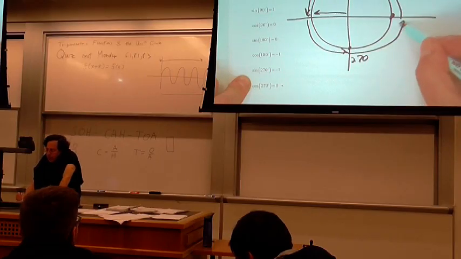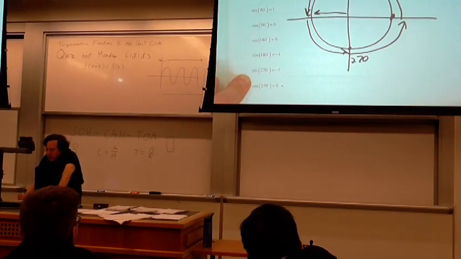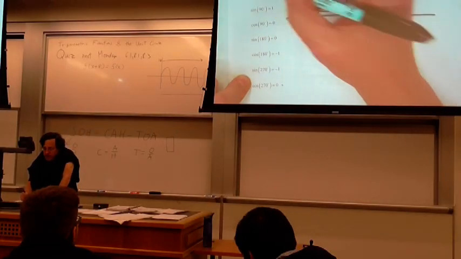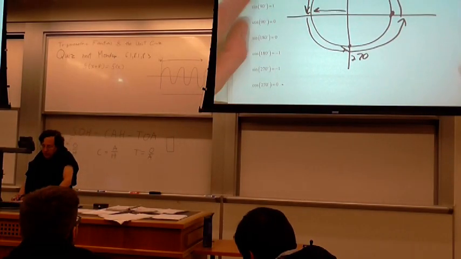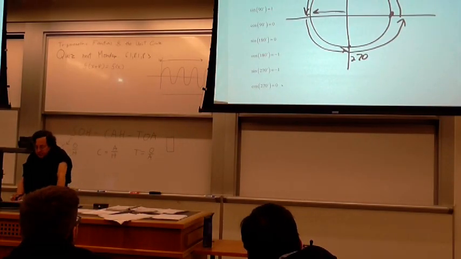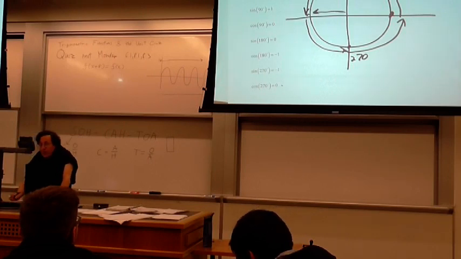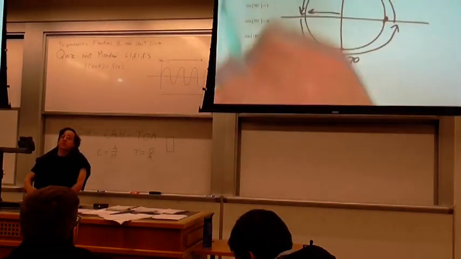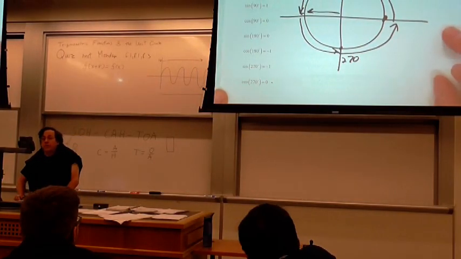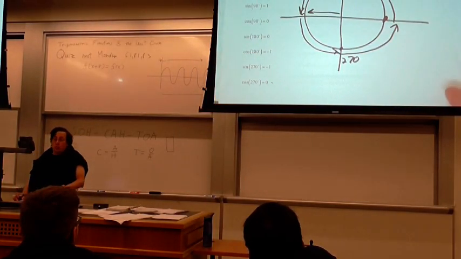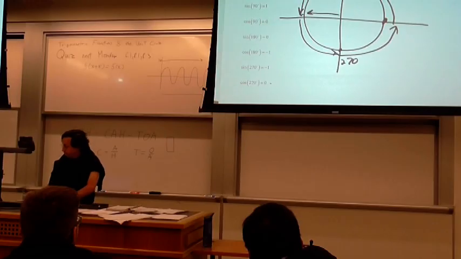And if we keep going all the way back up to 360 degrees, then we're back with the sine 0 and the cosine 1 again. So we can keep going around this circle, and we get the same values repeating, which makes this a periodic function. Right?